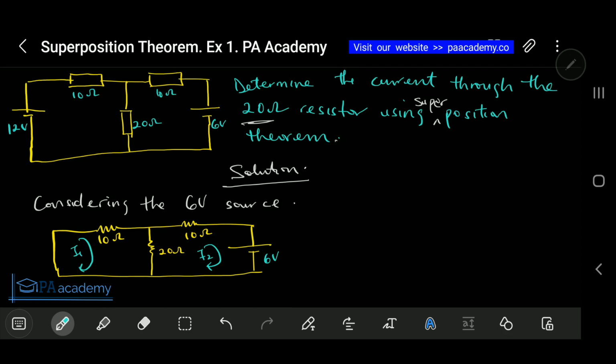Based on the current direction I'm picking, this will be positive, negative. Based on this clockwise direction here, this will be positive, negative, positive, negative. Then for that of the voltage source, it will remain constant. From the question, we know that this is the positive and negative side.